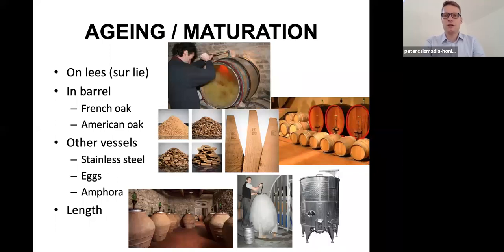The first one that we can use is called the sur lie method in French, that you can see in the first line in brackets, or lees aging. We have discussed that during winemaking, you have a key component, and that is yeast. Yeasts are tiny organisms, and because the alcohol level increases after a while, they just die off.